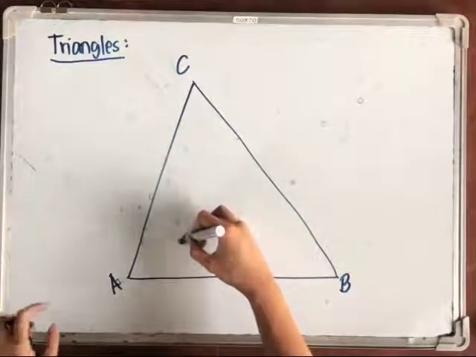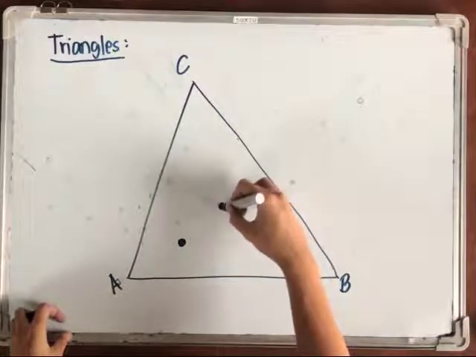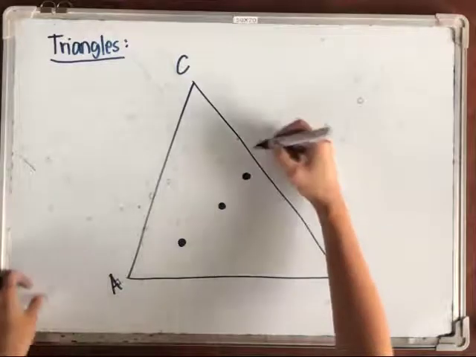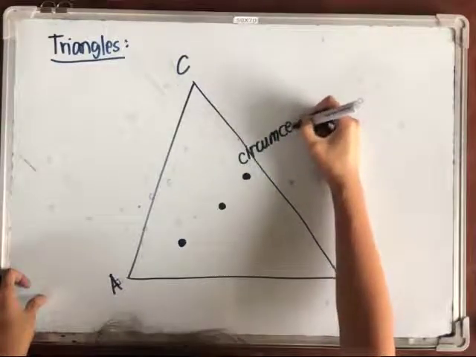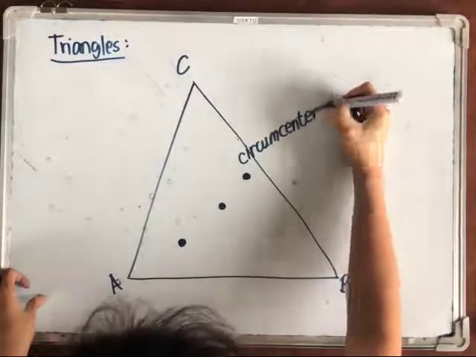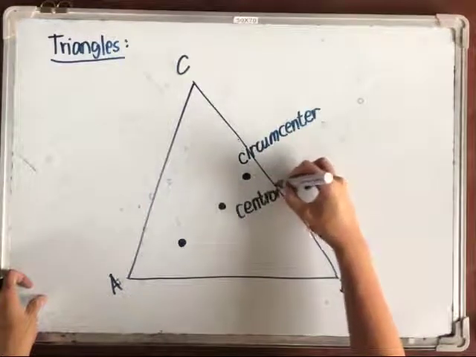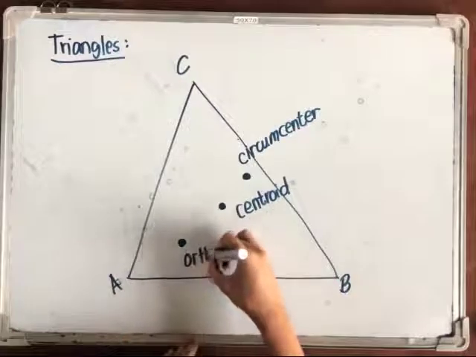Ito yung magiging orthocenter ko. Ito yung magiging centroid ko. Okay? And ito yung magiging circumcenter ko. Sana nare-recall nyo yun ha. Circumcenter. Bago yun natin pinag-usapan, sino yan? Centroid. And this one is your orthocenter.